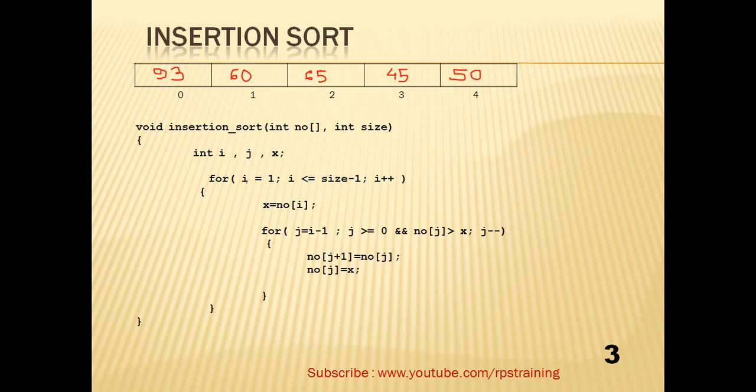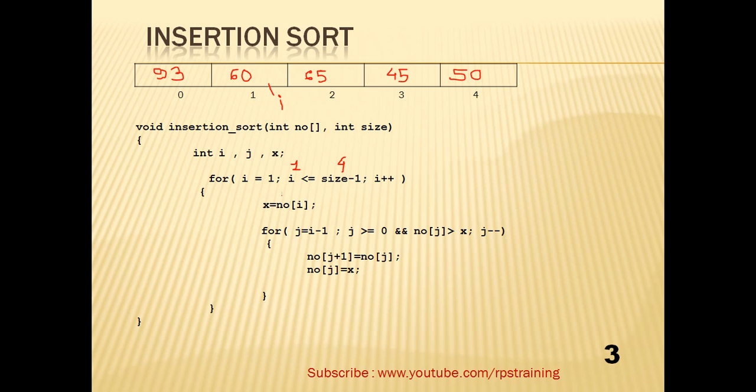The outer loop will be started. I equals 1. I will point here. This is I. 1 less than or equal to size minus 1. Size is 5, and 5 minus 1 equals 4.